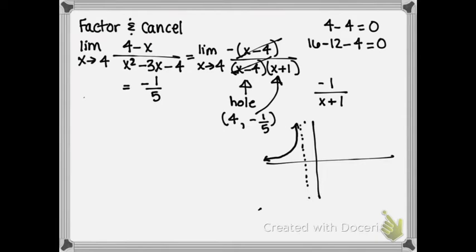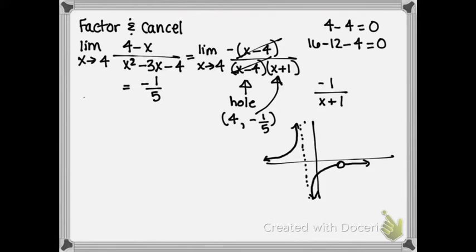Here and here. But what's happening when we get over here to 4 is the graph has a hole in it at 4, negative 1/5. So even though there's a hole in the graph, the limit still exists.